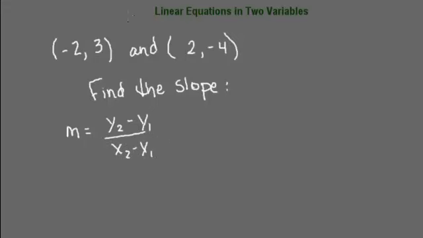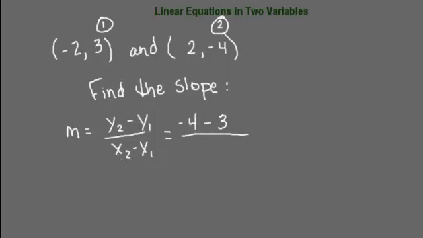What you will do algebraically is choose one of these points to be point 1 and one of them to be point 2. Then you will plug in the y value from point 2, that would be a negative 4, minus the y value from point 1, that would be a 3.